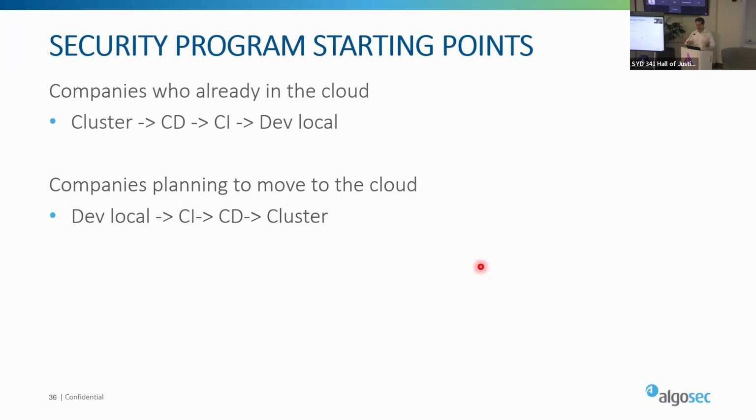Mainly because, if you're already out there in the cloud, the cluster itself is very complicated and hard to go through. Sorry, I confused things. If you're already in the cloud, start from the cluster, mainly because it's already there and exposed, so you can scan it from outside with Kube Hunter and see the APIs, but you don't know the rest.